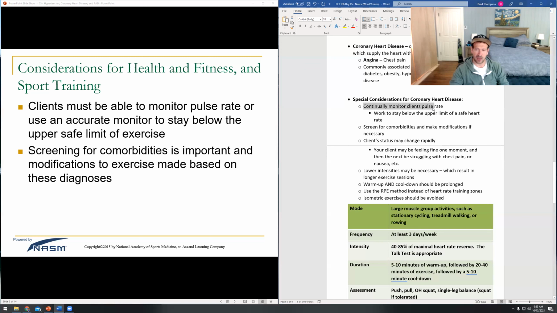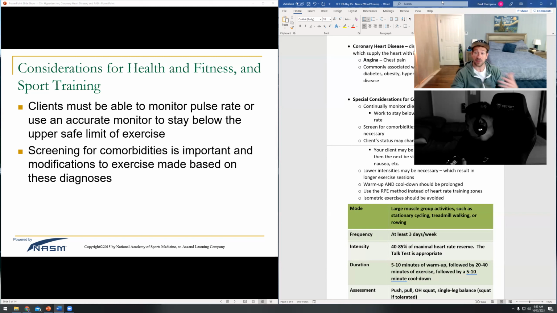So continually monitor their pulse rate, and make sure that you work to stay above the limit to make sure they're working hard enough, but more importantly, stay below the upper limit that keeps them safe, right? And that is something their doctor will probably prescribe to them. But basically, I usually tell people to think of it as about 50% heart rate max, which is even below zone 1.